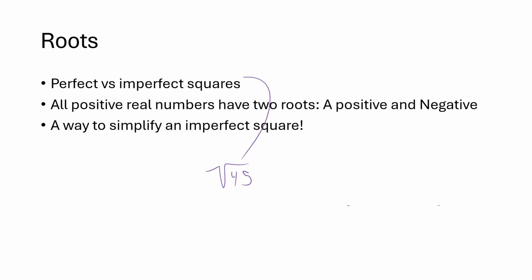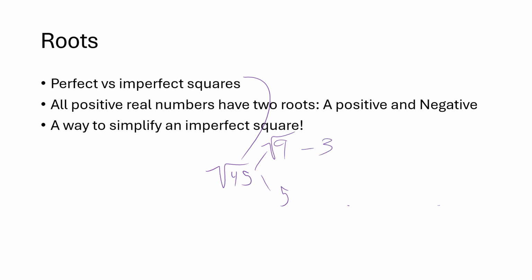But there is still a way for you to simplify it without a calculator, and that is to find the factors of the imperfect square and ask, okay, is there a perfect square in this? When I look at 45, I know it's going to be 9 times 5. Well, the square root of 9 is a perfect square, so this would actually give me 3.